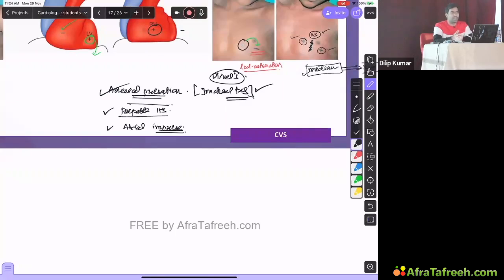Both will be visualized in the parasternal area only, near the parasternal area. What is the major difference? Atrial pulsations will be seen during the ventricular diastole, whereas ventricular pulsations will be seen during the systole. That is the major difference, nothing much.